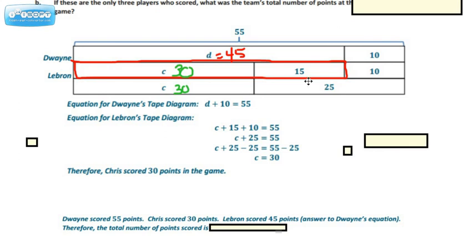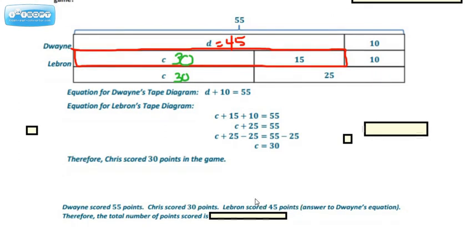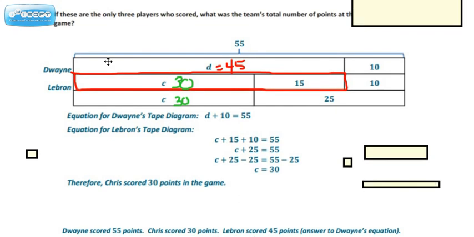He didn't earn that. He just earned what's in the red box. So that means if we take each person, we have the 55 for Dwayne, we have the 30 for Chris, and the 45 for LeBron, giving us a total of 130 points for the game. So the answer to part B is 130 points.